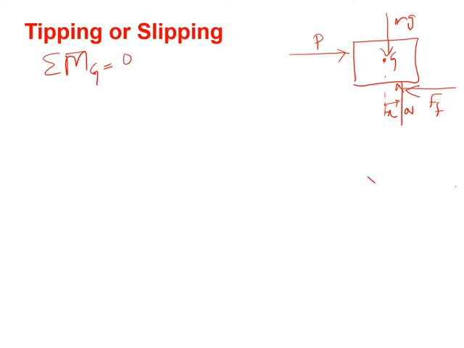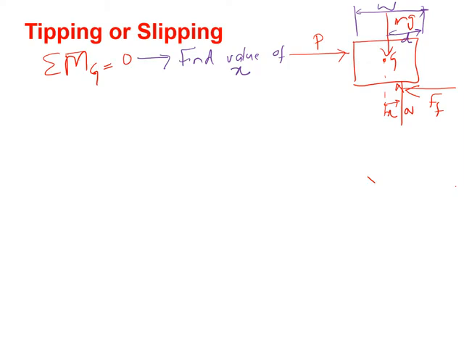From this condition you have to find the value of x. After finding the value of x, let us say that the total width of this rigid body is w, and half of the width is d. So compare the value of x with d.